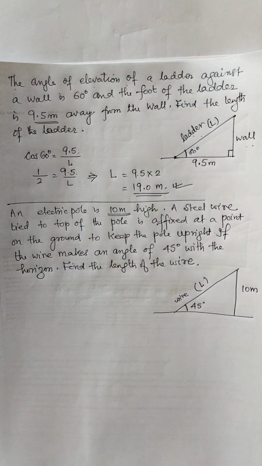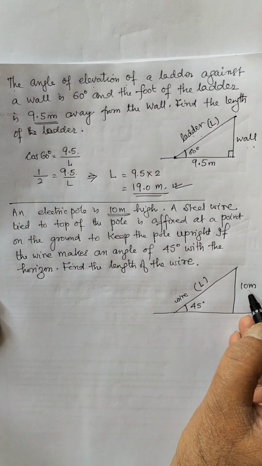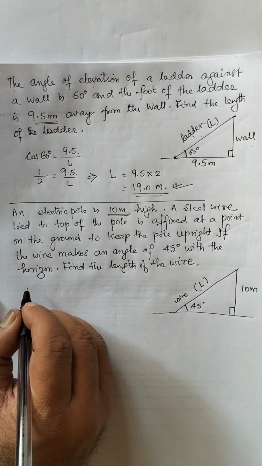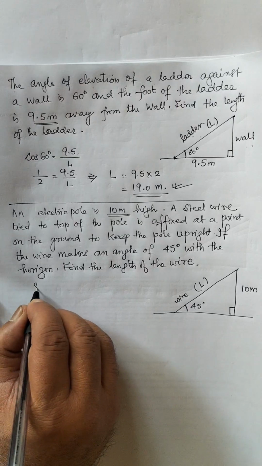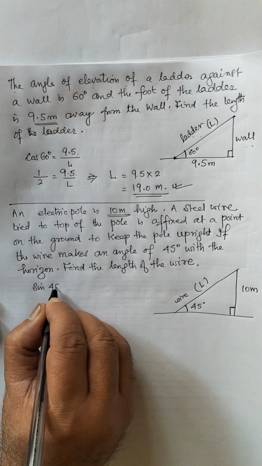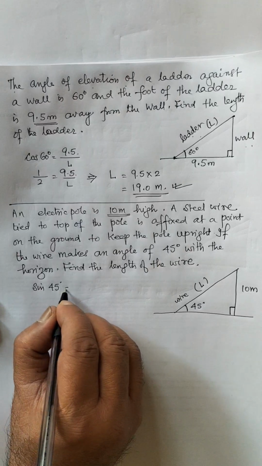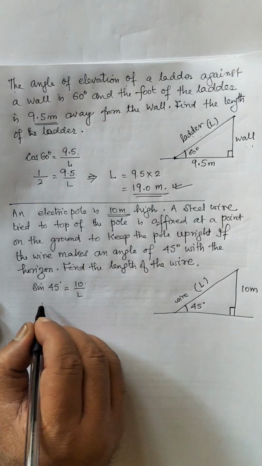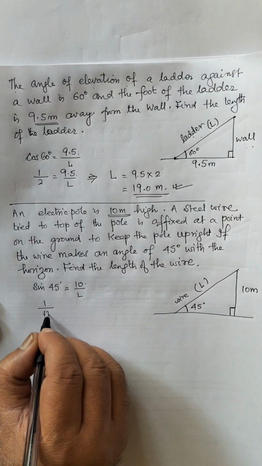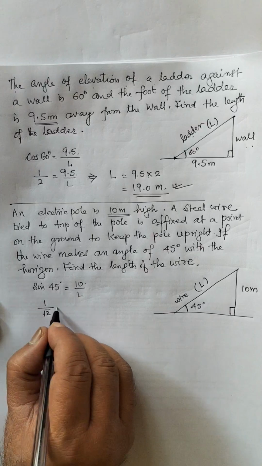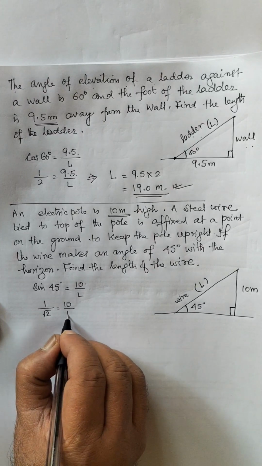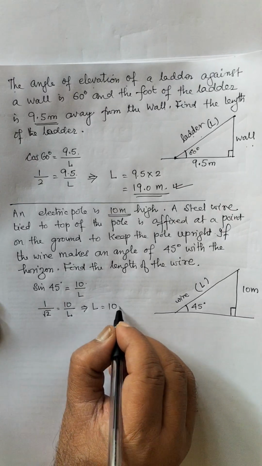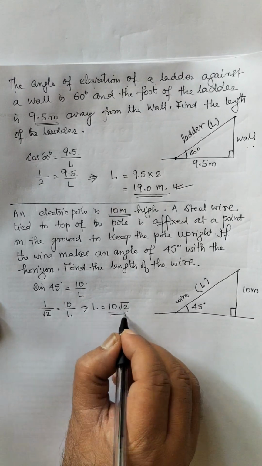Now again, here you have the opposite side and the hypotenuse. So the ratio you have to consider is sine. Sine of 45 degrees is equal to 10 upon L, and sine 45 is 1 over root 2, so 1 over root 2 is 10 upon L, which implies that L is equal to 10 root 2 meters.